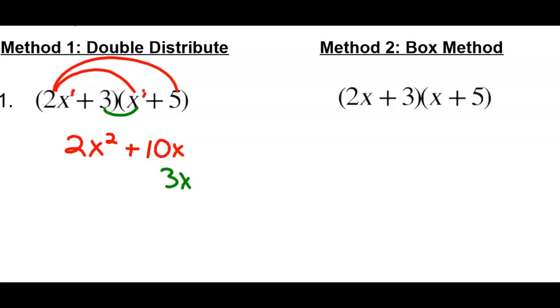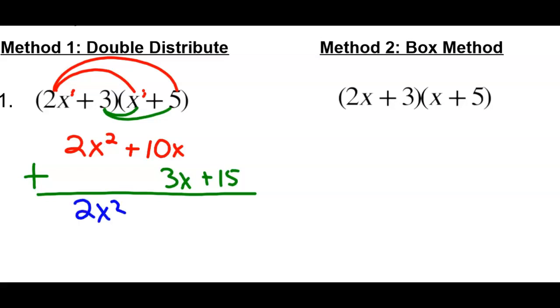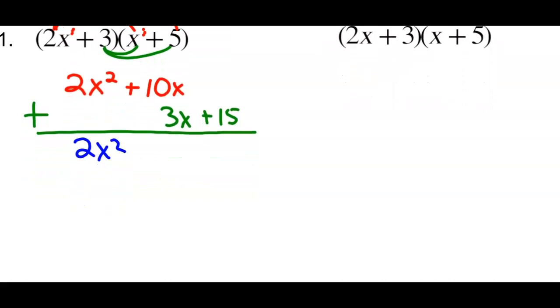This is what we learned yesterday, a little bit. 3 times 5 is 15. Now I'm going to add them together because there's like terms in there. What am I going to get? 2x squared is going to come down because there's no like terms for that. What am I going to get there? 13x, right?